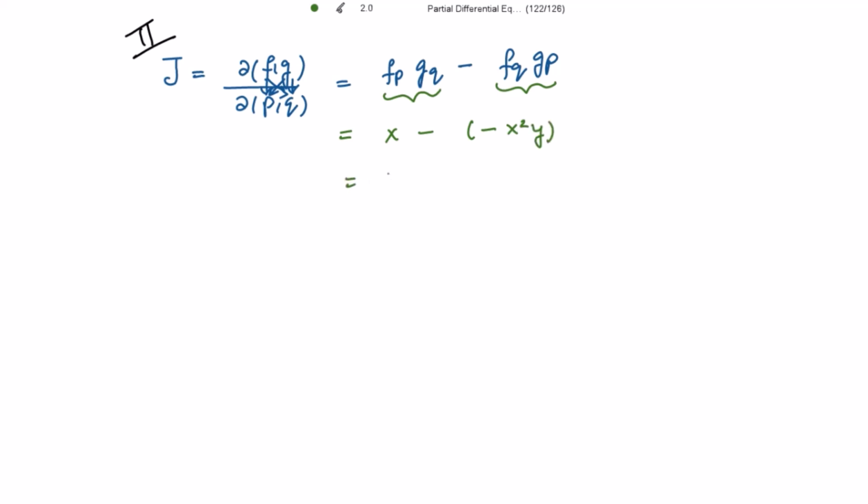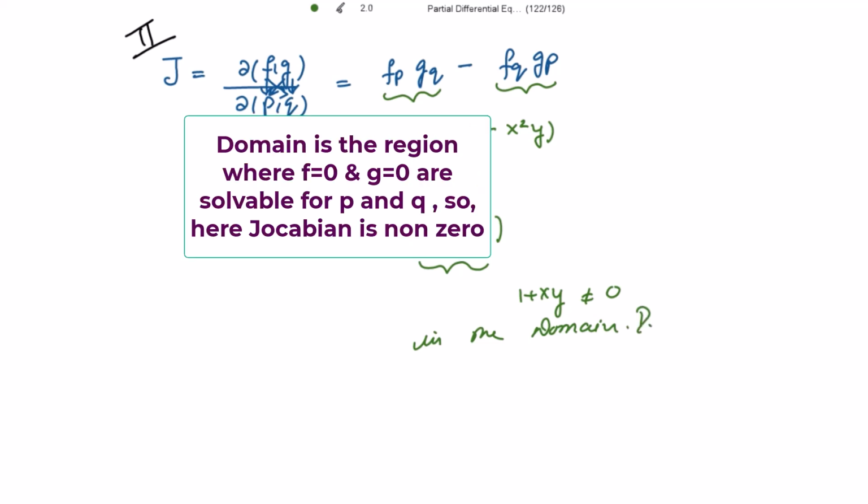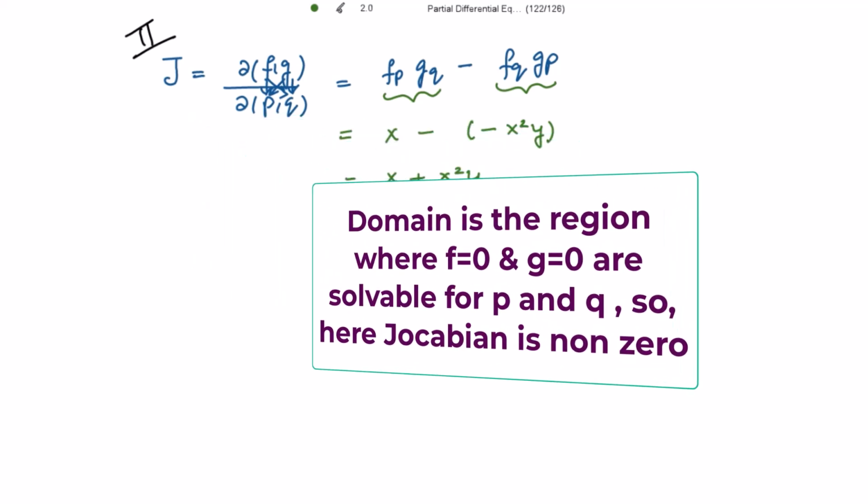So if we find here, this is x plus x square y. If I take x common, I get x into 1 plus xy. Now this 1 plus xy is non-zero in the domain D. What is the domain D?